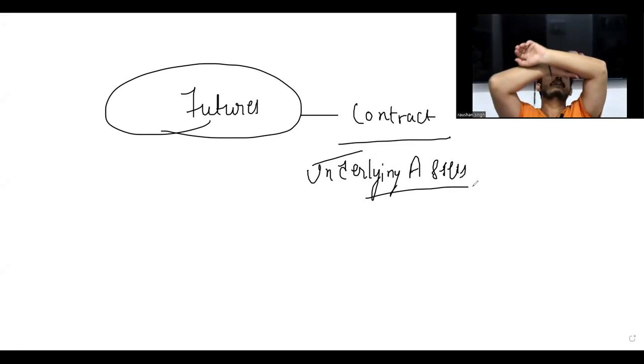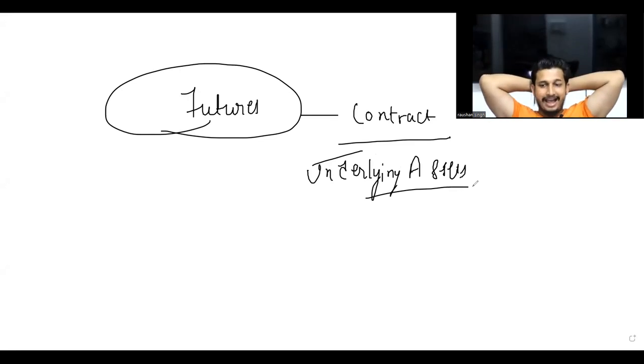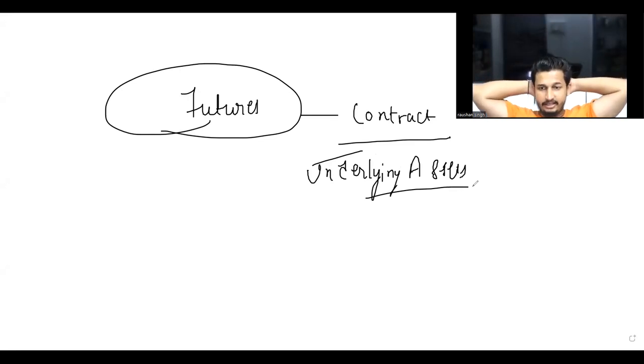If I am teaching you, you are gaining the knowledge, right? So your knowledge is basically derived from my knowledge. If I'm teaching you futures today, whatever I teach you, your future knowledge is completely derived from my knowledge. So I will be the underlying asset.